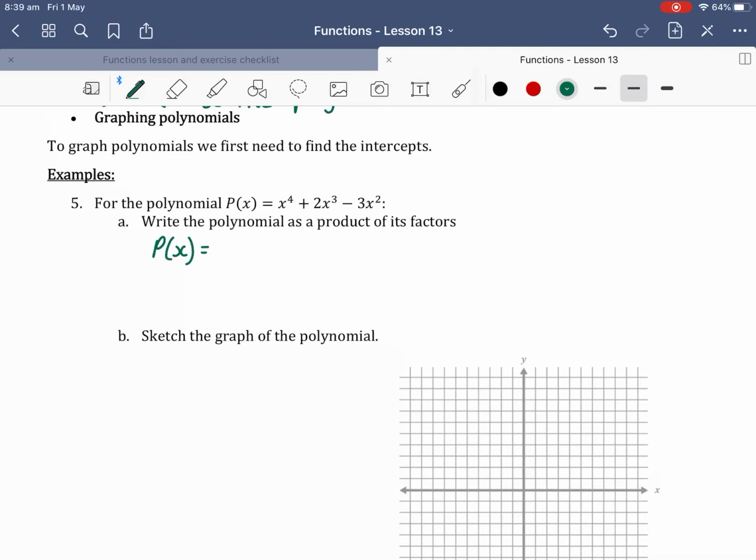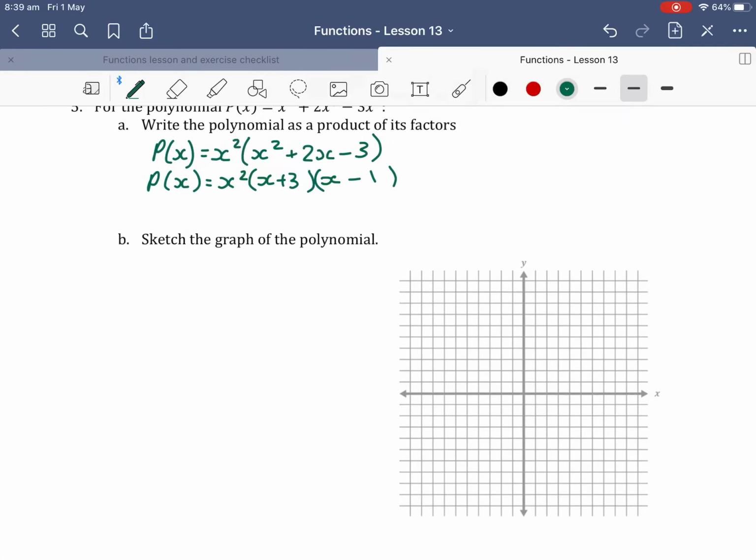We're just factorizing it. So we're going to take out a common factor of x squared, and now that we've done that, we can factorize our brackets to be a double bracket. So it will be x squared (x plus 3)(x minus 1).